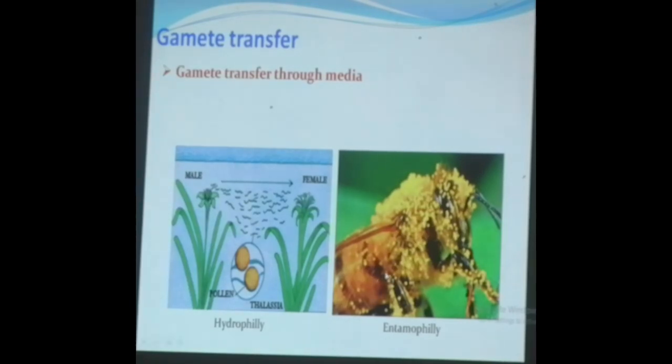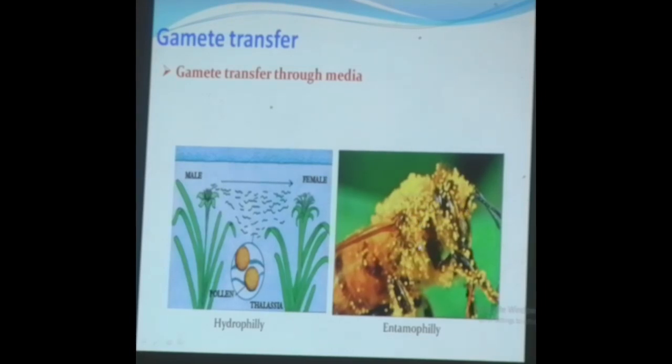In some plants, especially higher plants, the male flowers produce stamens, and the male gametes are seen in the form of pollen grains. These stick to the body of creatures, animals or insects, and they transfer the male gamete onto the female gamete.